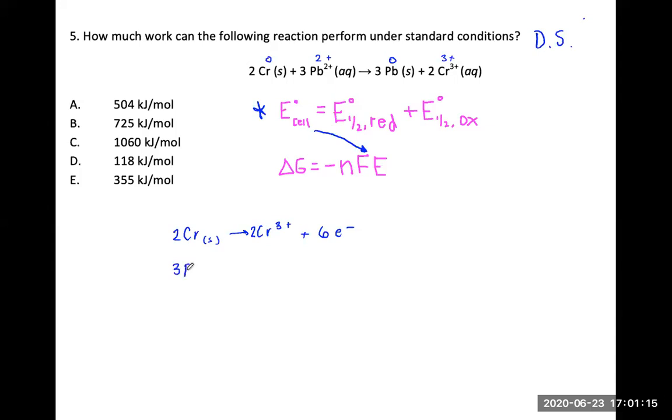We're going to have 3 lead ions. Each one of those lead ions is gaining 2 electrons, and we have 3. So again, we have 6 electrons being exchanged, which makes sense because they already balanced it for us. They should match between our 2 half reactions.